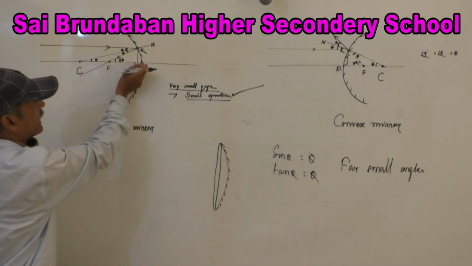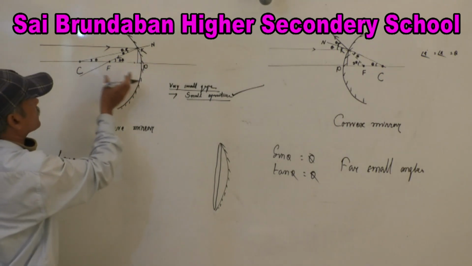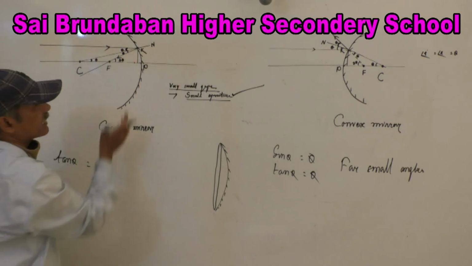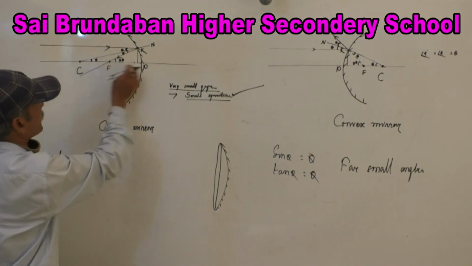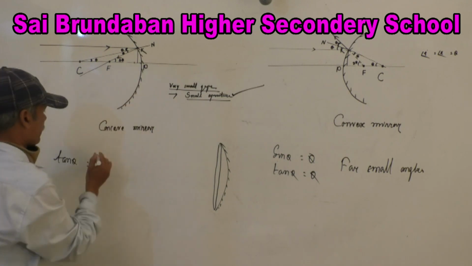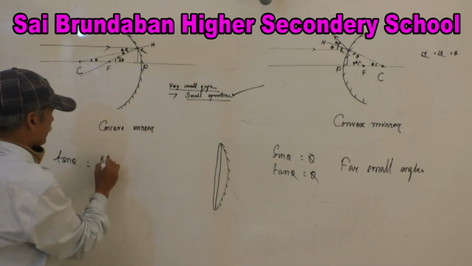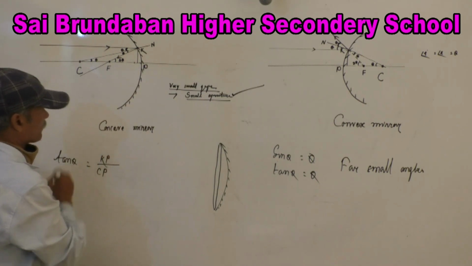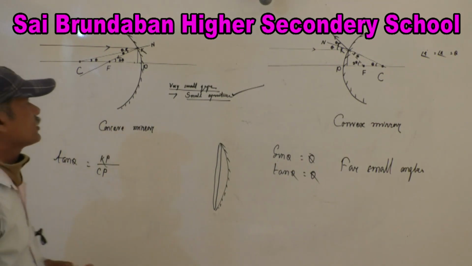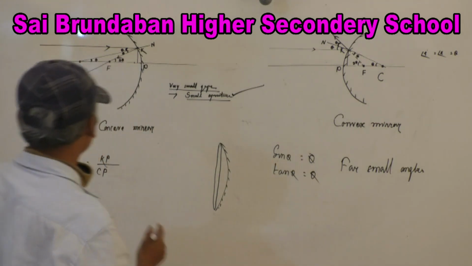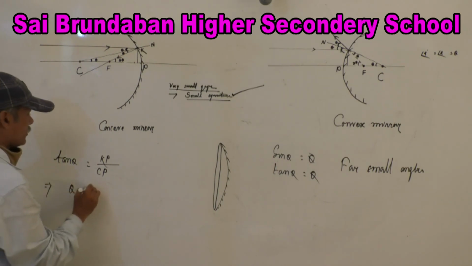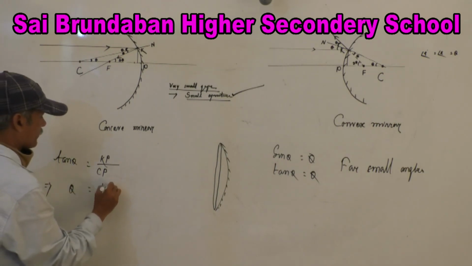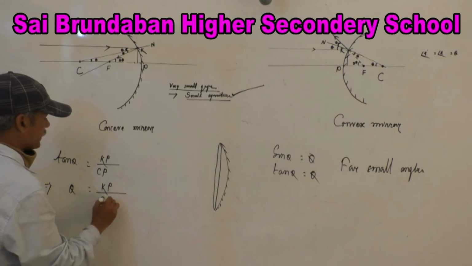By neglecting this gap, this is a right angle triangle. So tan theta is equal to P by B, that means KP by CP. Tan theta is equal to KP by CP, implies theta is equal to KP by CP.